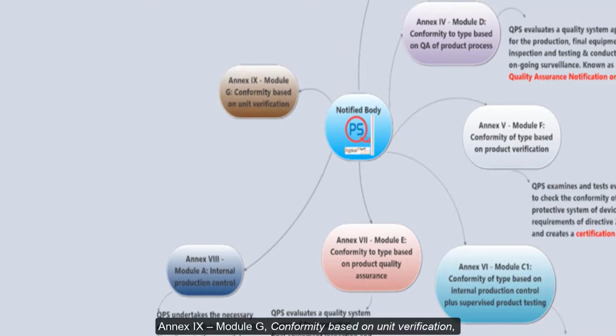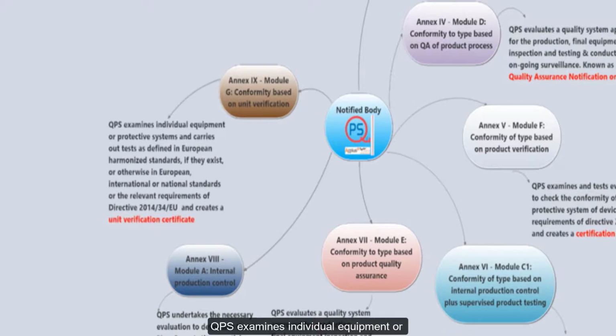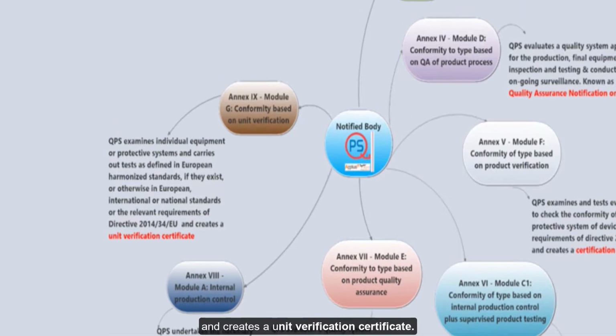Annex 9, Module G, conformity based on unit verification: QPS examines individual equipment or protective systems and carries out the tests as defined in the European Harmonized Standards, if they exist, or otherwise in European, international, and national standards or the relevant requirements of Directive 2014/34/EU, and creates a unit verification certificate.